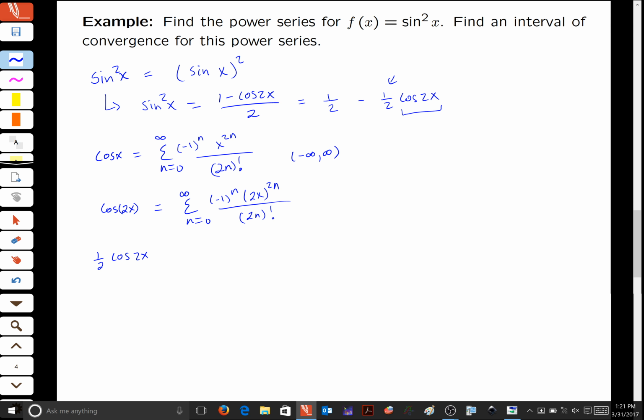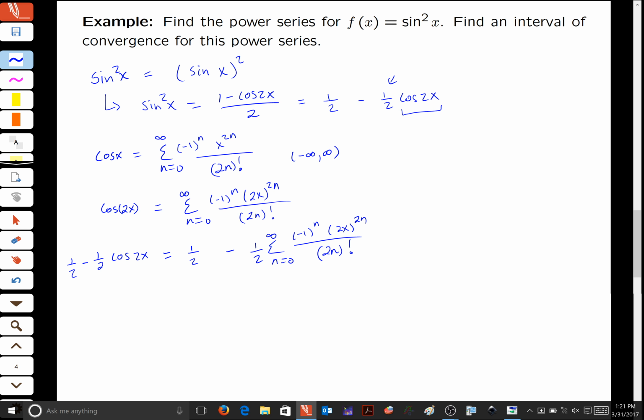I'm actually going to multiply it by the minus 1/2 and add the 1/2 at the beginning. So that's going to be equal to 1/2 minus 1/2 times the sum n equals 0 to infinity, minus 1 to the n, 2x to the 2n over 2n factorial. I'm good with that for an answer.